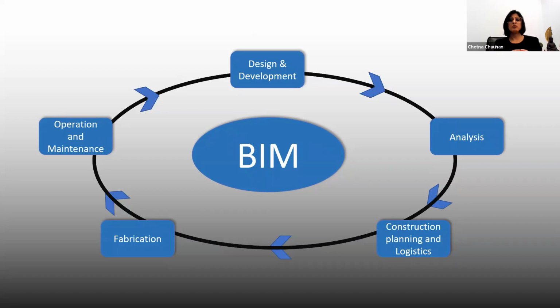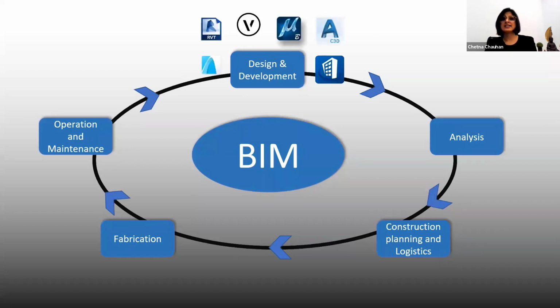I will just quickly give you an overview of how different softwares are used at different stages in a project life cycle. Let's say in the design stage, you might have heard about ArchiCAD or Vectorworks or Revit, but there are also other softwares in the market that do design and development.